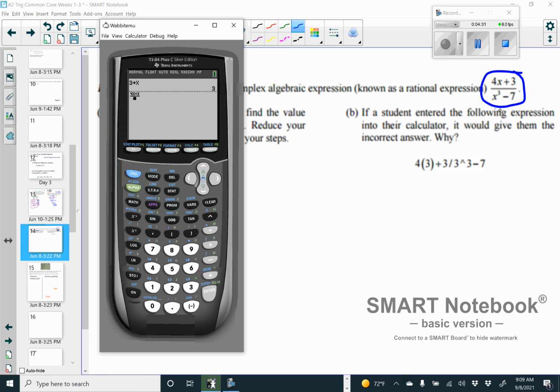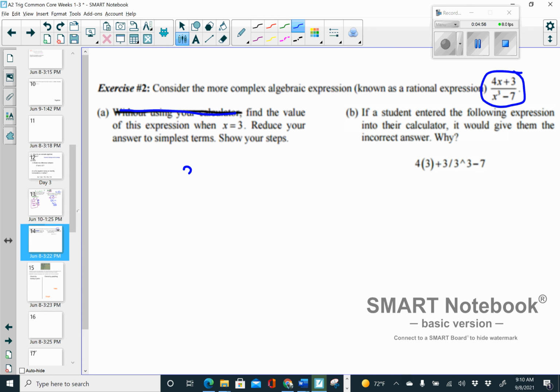I'm going to type in x to the third. To get it to come back down so I can put the minus 7, I'm going to hit the right arrow. Minus 7. And now remember, anytime there's an x, it's going to plug in 3. And it's going to give me 3/4 as my answer. So right here, final answer is 3/4.